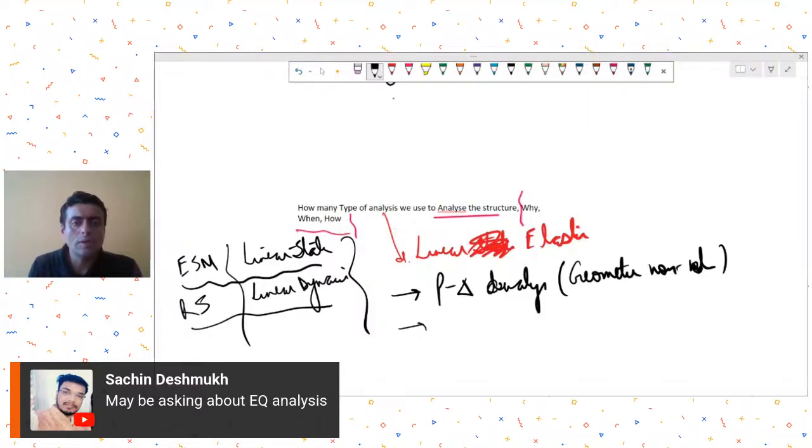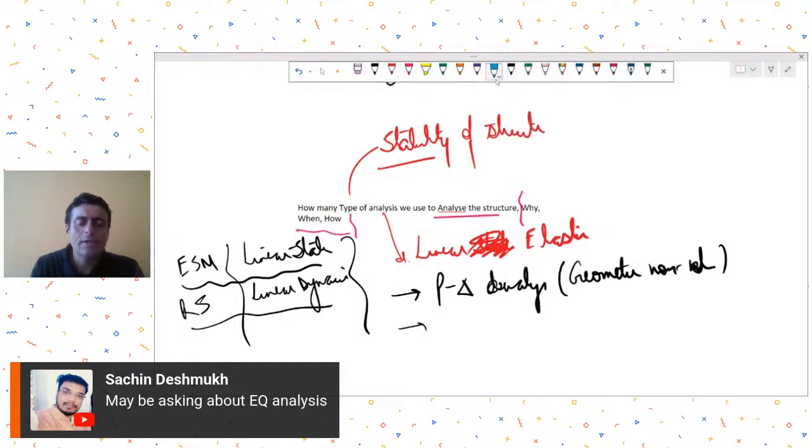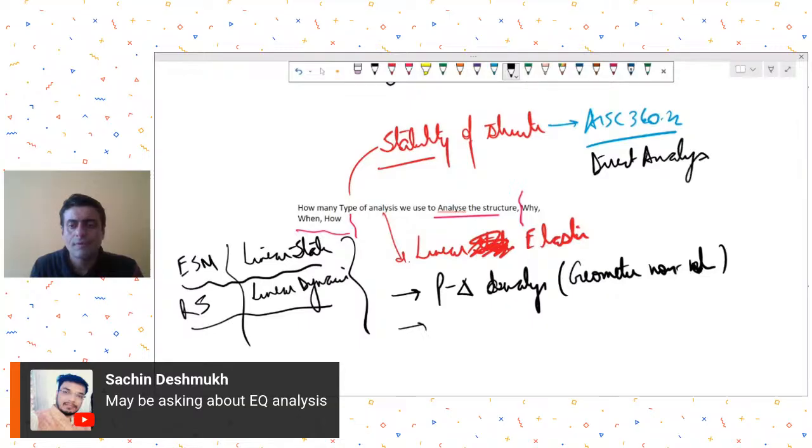Now if I talk specifically about steel structures, or the stability aspect, if you want to check the stability of structures, then especially in the AISC standard, there is an analysis procedure called the direct analysis method, where we do some stiffness modification and other aspects are considered.